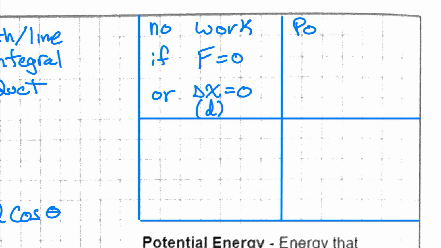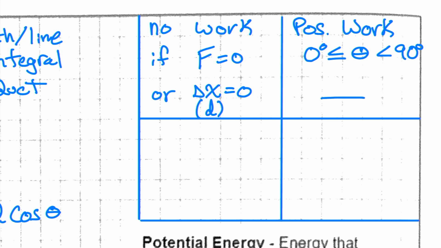We will have positive work done on an object or on a system if 0 is less than or equal to theta is less than 90. It can't be equal to 90. It could be equal to 0. This would look like maybe an object that is moving to the right.